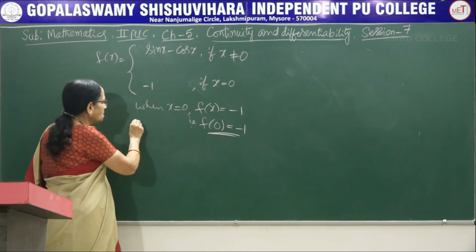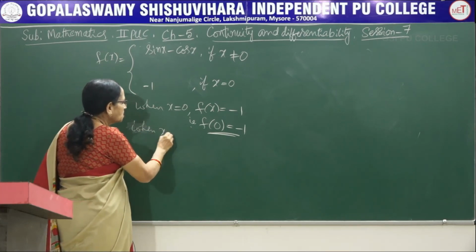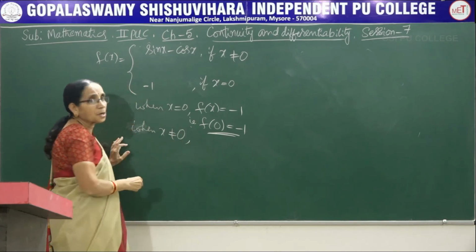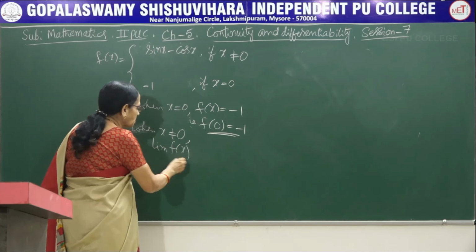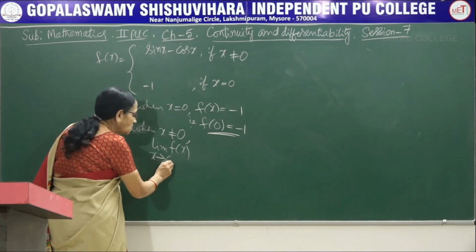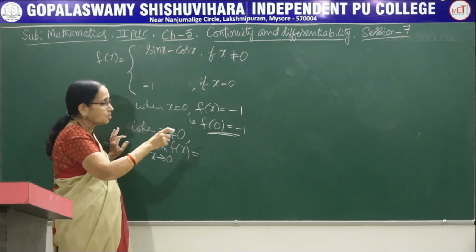Now, we have to get the limit. When x is not equal to 0, the question arises: limit of f(x) as x tends to 0. How is the function defined for all x not equal to 0?